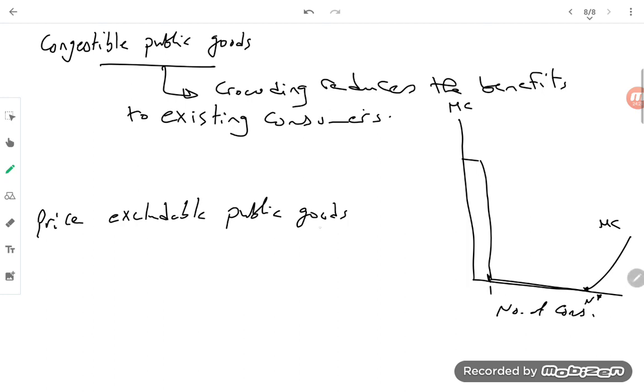Okay, what about price excludable public goods? Those are goods with benefits that can be priced.